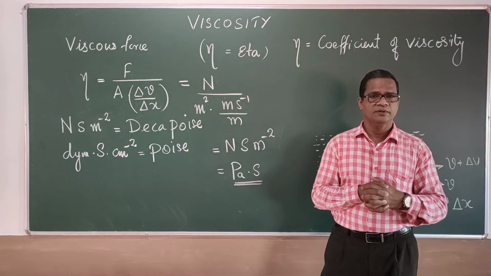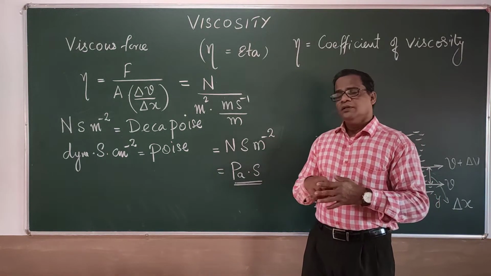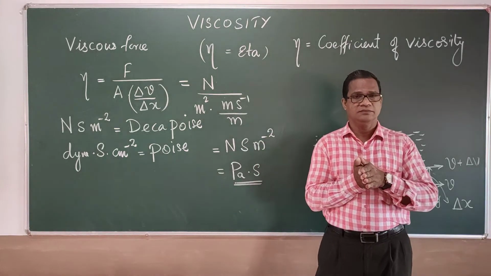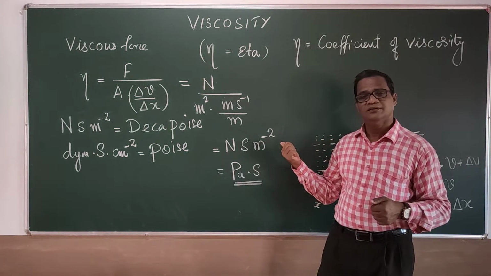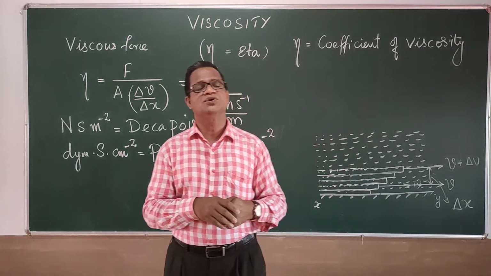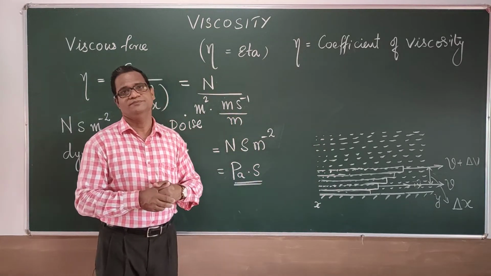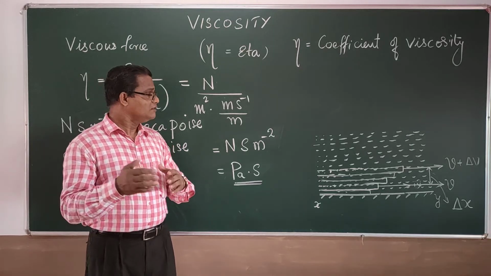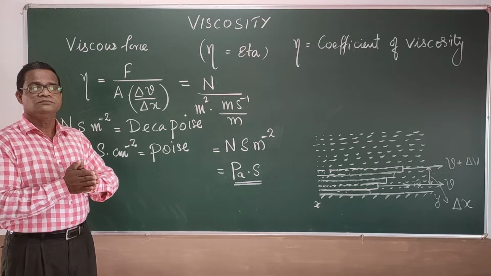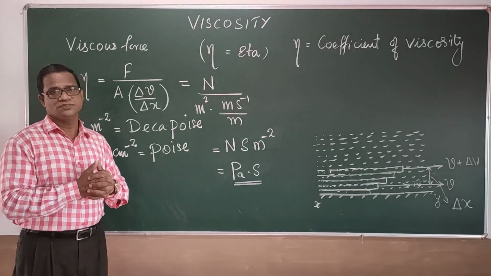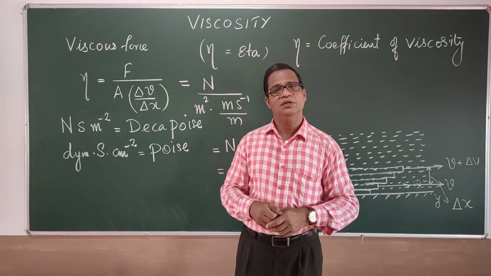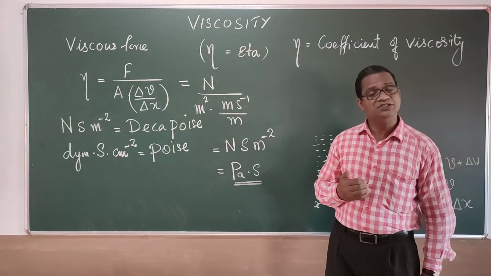Second, viscous drag is found to depend on the velocity gradient, but solid friction does not depend on the velocity gradient; it depends on the normal reaction. So these types of differences you can find between them, but basically both are dissipative forces, or non-conservative forces. In both cases there can be energy dissipation.